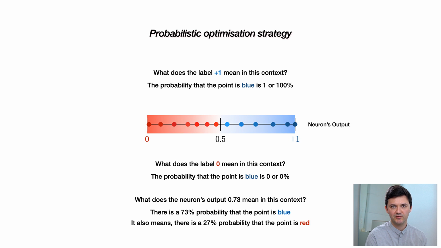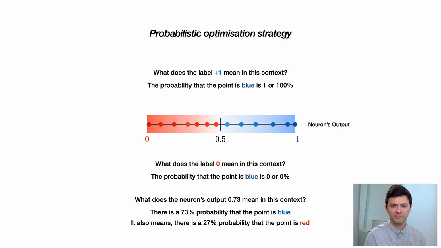So if there is a 73% probability that it is blue, this automatically means that there is a 27% probability that this point is red. And when we want to determine whether our point is actually blue or red, we choose the higher probability. In this case, the higher probability is that the point is blue, therefore we conclude our point is blue.